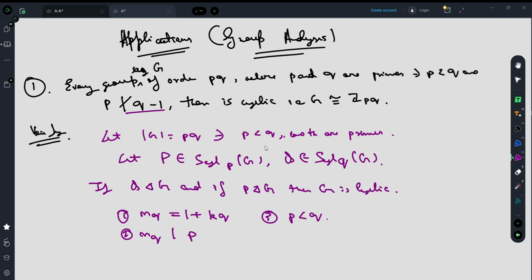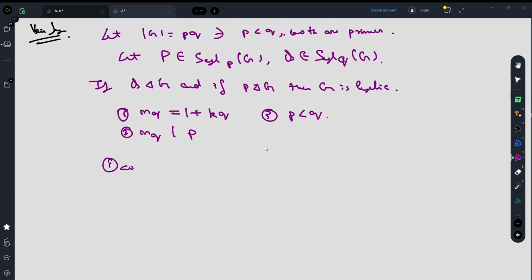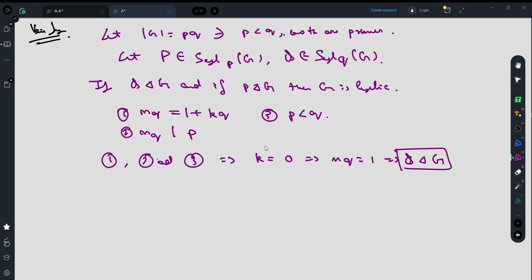And one more thing we have is that P is less than Q. So if 1 plus KQ needs to divide P, where P is less than Q, the only possibility for K is 0, which implies Q is the unique Sylow Q subgroup, which implies Q is normal in G.